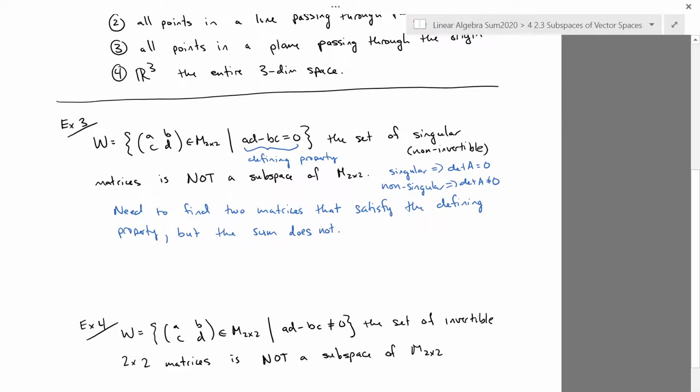Okay, so in this example, we can take, say, A to be this matrix and B to be this matrix. Right, so you can see that the determinant of A is 0, because it's 0 minus 0, and this is also 0 minus 0.